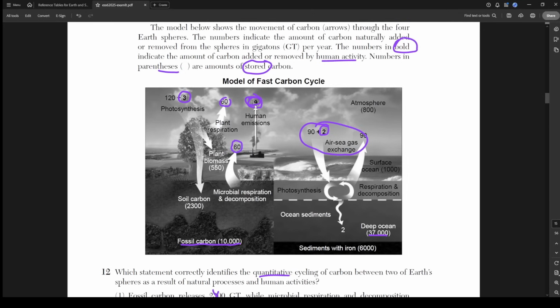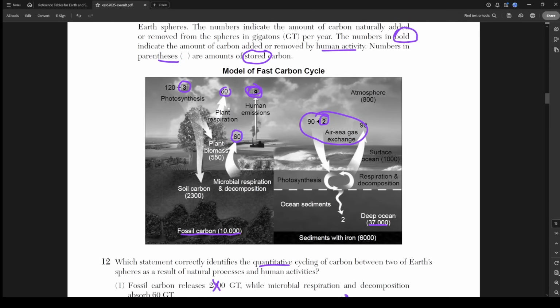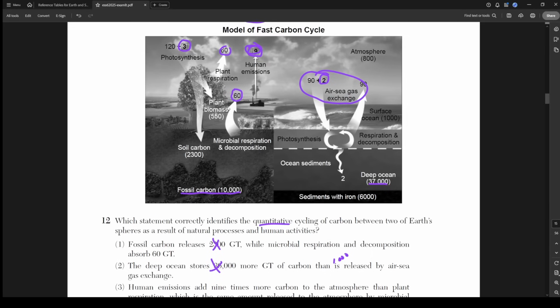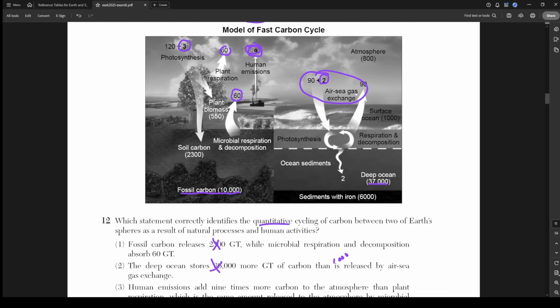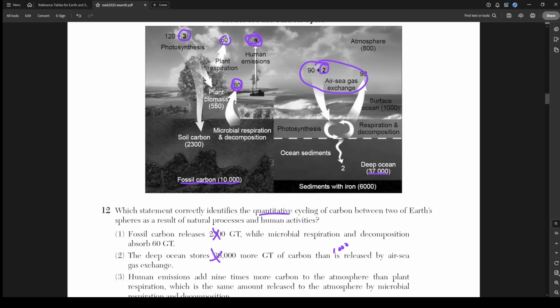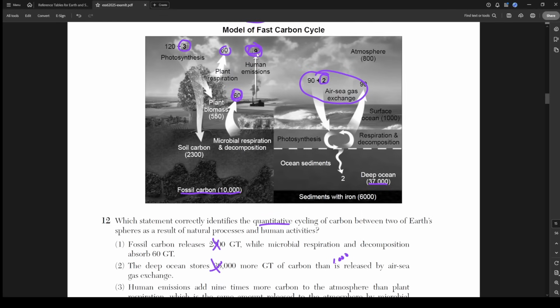It just says 9 compared to 60. So that's not right. Which is the same amount released to the atmosphere by microbial respiration and decomposition. Where's microbial? That's 60. That's wrong, because then this would have to be 60.